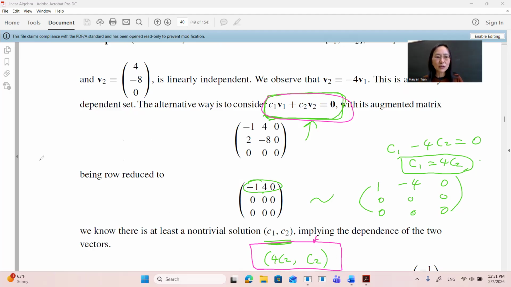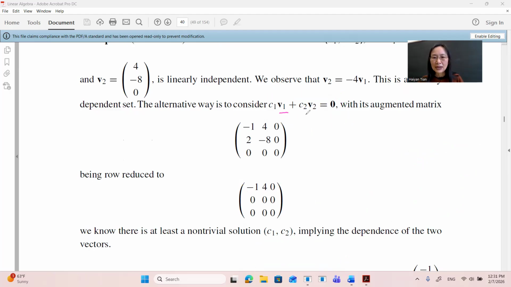So immediately we conclude that the two vectors are linearly dependent, because the system has non-trivial solutions in addition to trivial solutions.